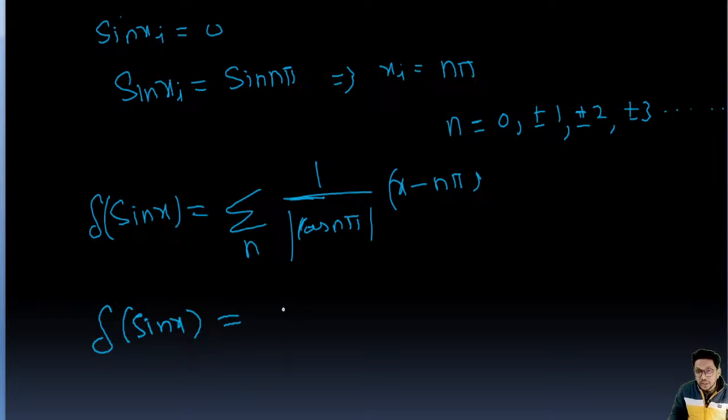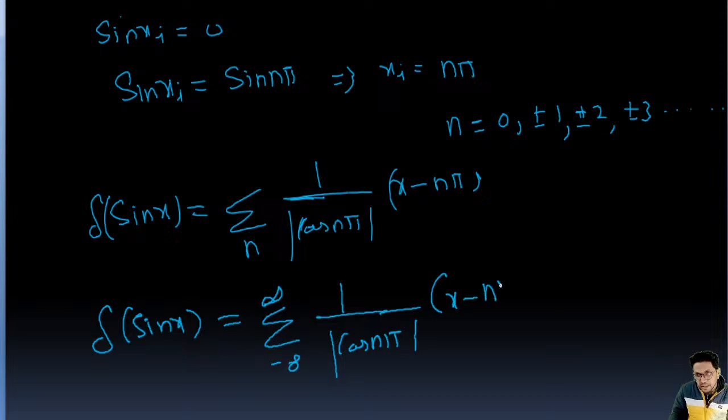This will be sigma from minus infinity to plus infinity, where n takes this value, of 1 upon mod cos n pi, delta x minus n pi. On the next page, we'll write delta sin x.